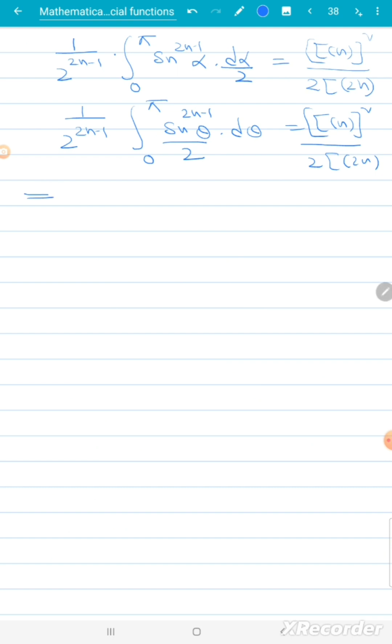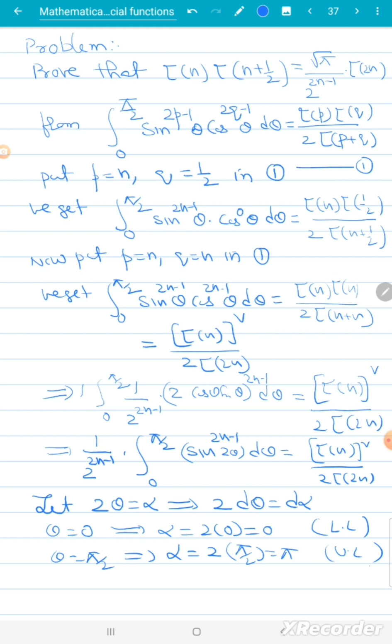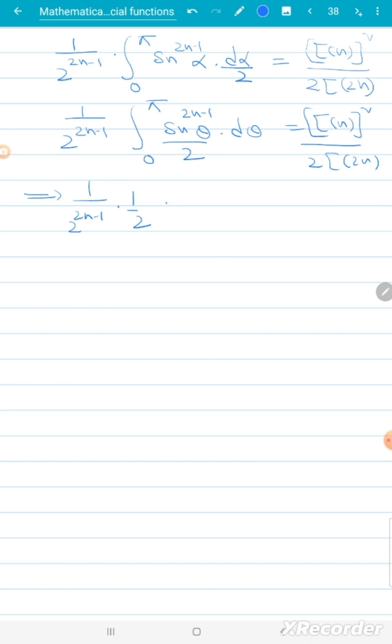Therefore 1 by 2 to the power of 2n minus 1 into 1 by 2 into the integration from 0 to pi of sine to the power of 2n minus 1 theta d theta, and I would like to cancel these things, equals gamma of n whole square by 2 into gamma of 2n.